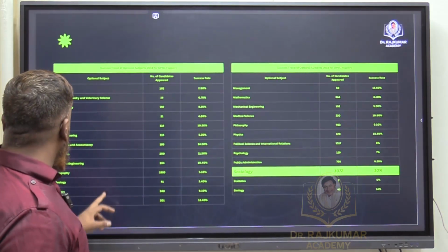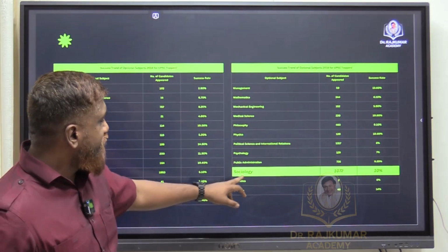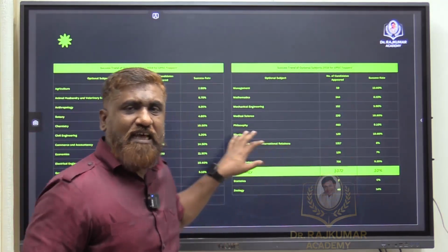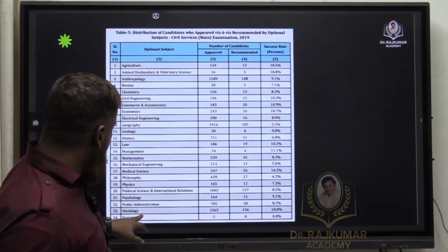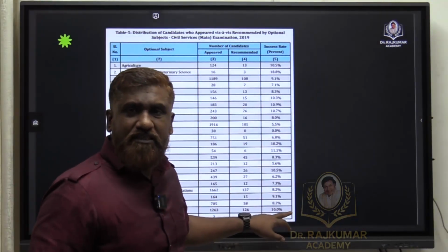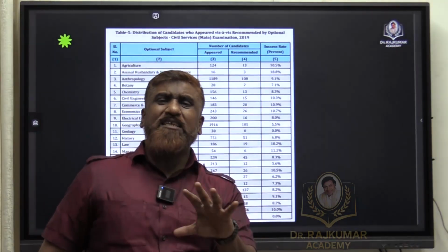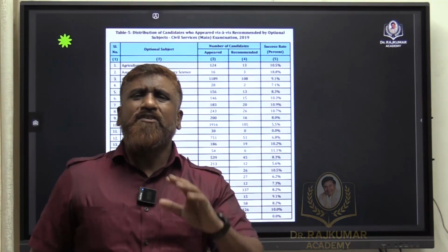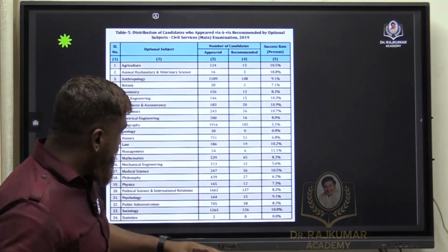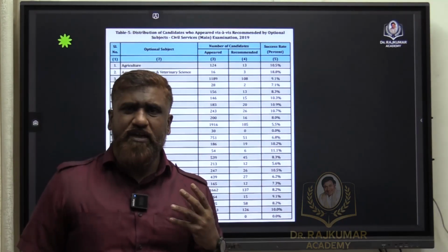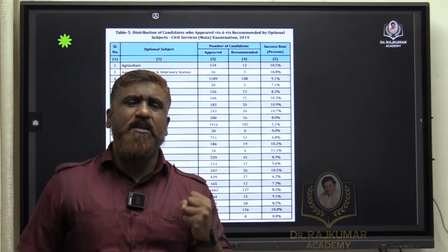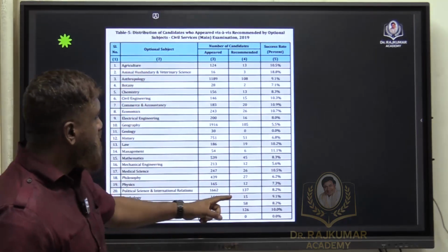In the 71st report too, sociology is 10%. So the average is 10 and above, sometimes 9. And the number of people writing is 1,200 odd. Out of it, about 10% finally succeed.